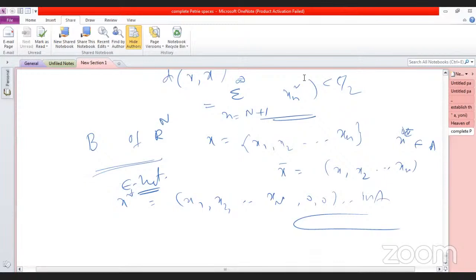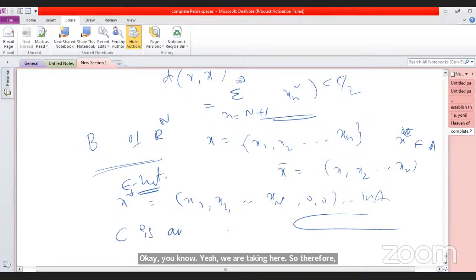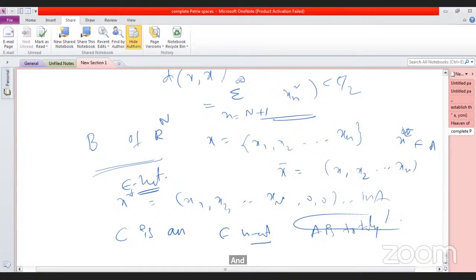So therefore C is an epsilon net and A is totally bounded. Am I correct? Yes sir.